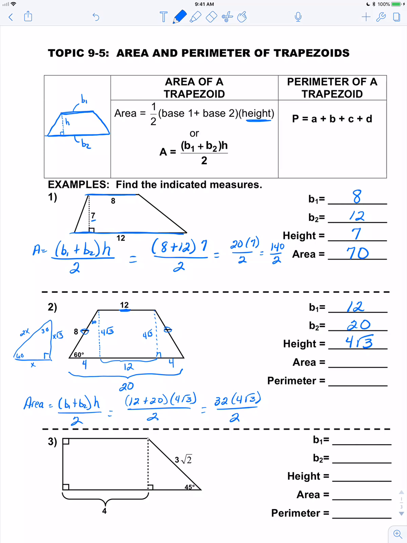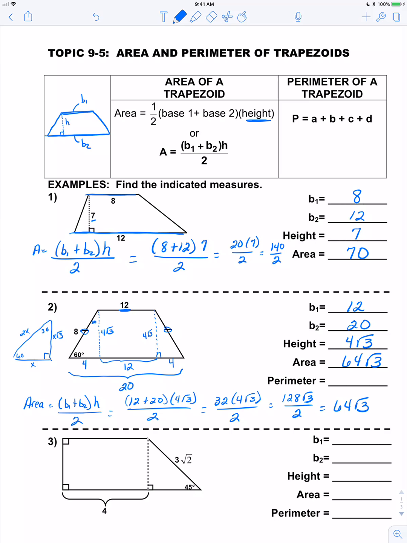Remember, you can only multiply those whole numbers by the whole numbers. So 32 times 4 gives you 128 square roots of 3 divided by 2. The 128 is the part that's divided by 2. So that's 64 square roots of 3.